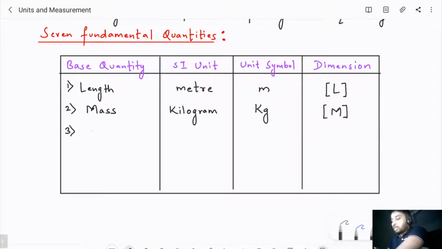Third fundamental quantity that we have is time. SI unit is second. Symbol is s, and the dimensional representation is capital T. The fourth fundamental quantity that we have is temperature.